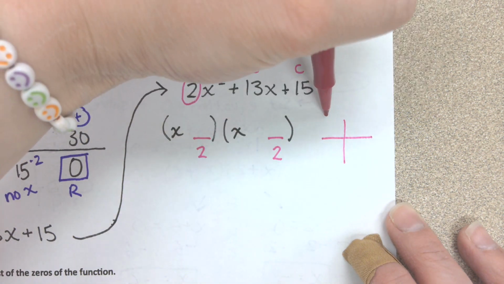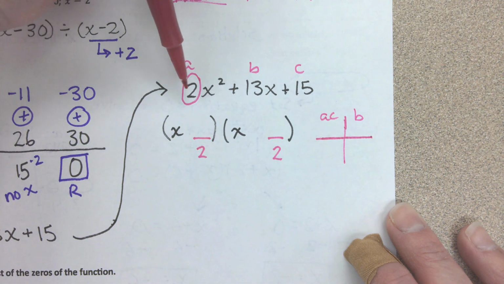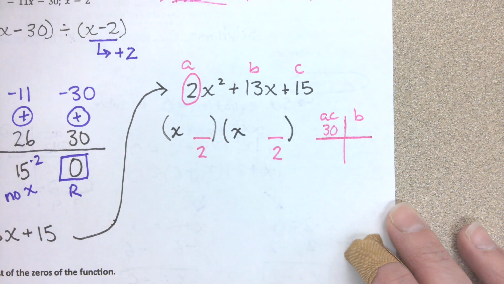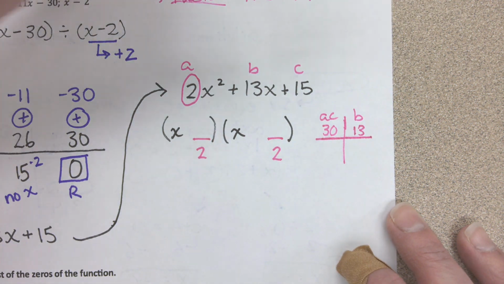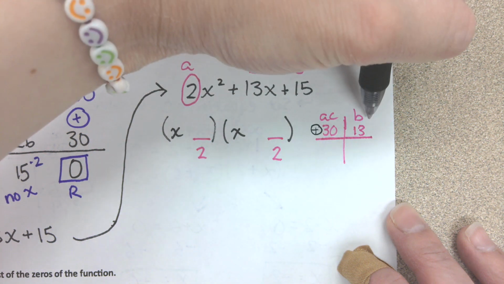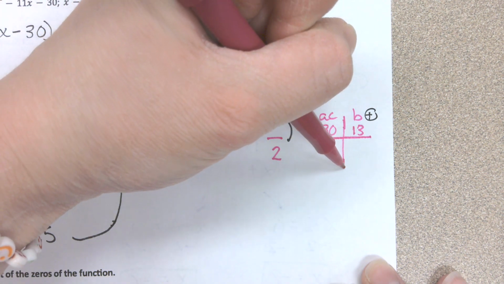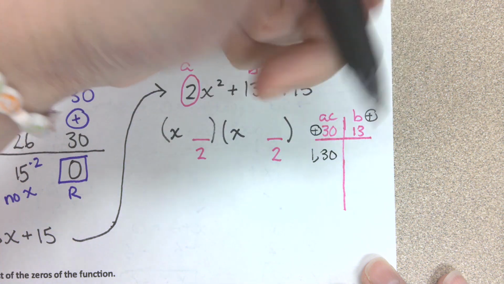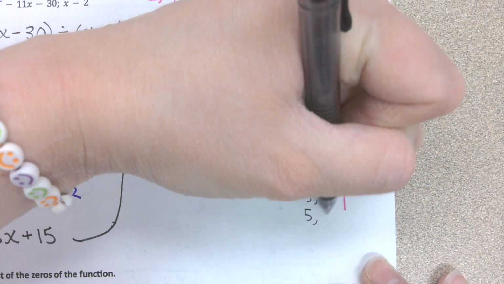ACB chart. A is 2. 2 times 15 is 30. And B is 13. 30 here is positive, so we're adding on the right side to get that number 13. 30 has 4 pairs of factors. 1 and 30, 2 and 15, 3 and 10, 5 and 6.